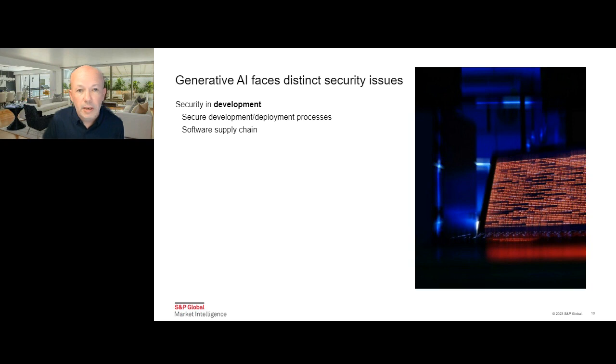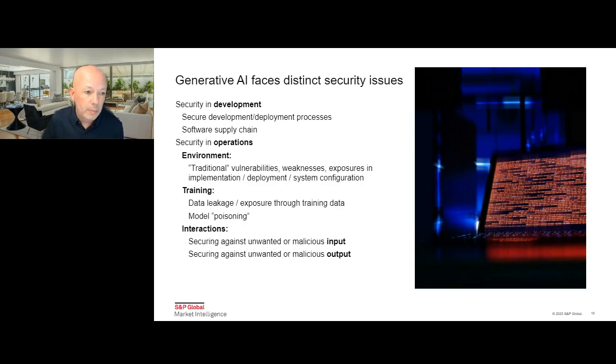Then there's security in the operation, both in the traditional vulnerabilities you get in any environment, exposures and implementation, systems configurations, all those kinds of things. And then the training of models, there's a danger of data leakage, model poisoning, and some sort of exposure through the actual training data. And then the interactive nature of it. That's the key point here. It's the security against unwanted or malicious input or output. And that is where it does differ from previous waves of AI and ML.